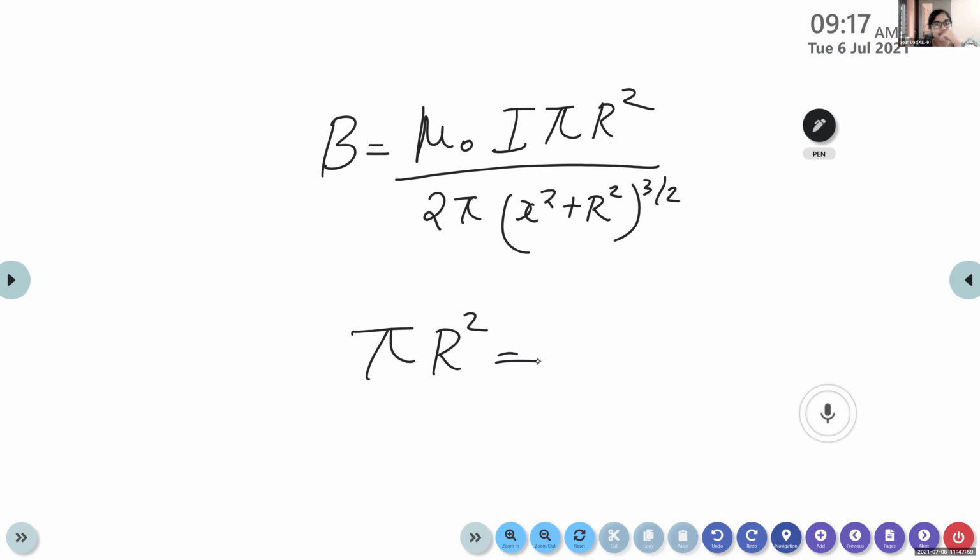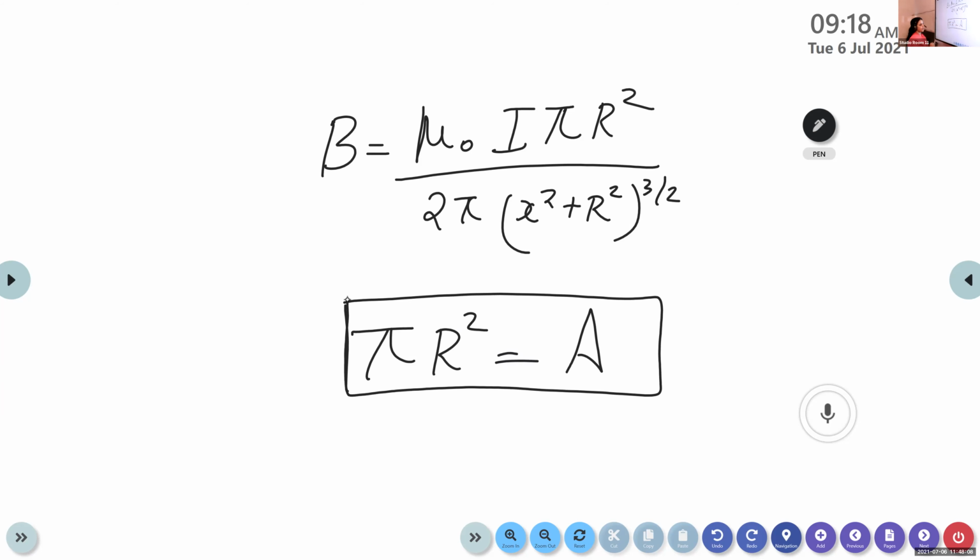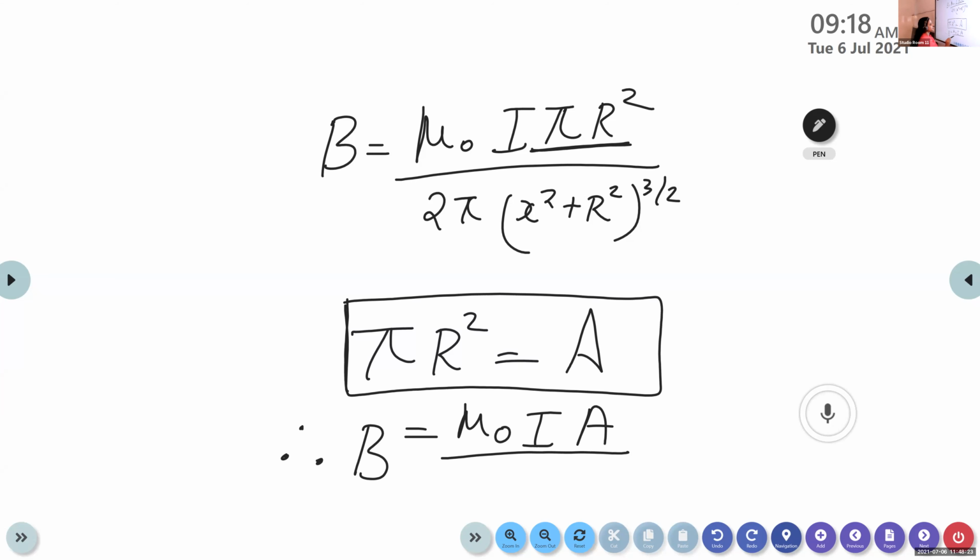Here the pi r square represents the area of the circular loop, A. Therefore, B is equal to mu 0 I into, instead of pi r square, we can write area A, divided by 2 pi into x square plus r square, the whole raised to 3 by 2.